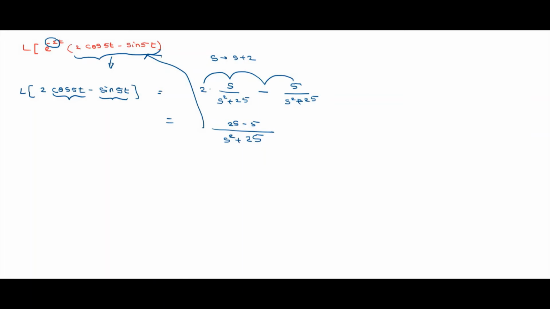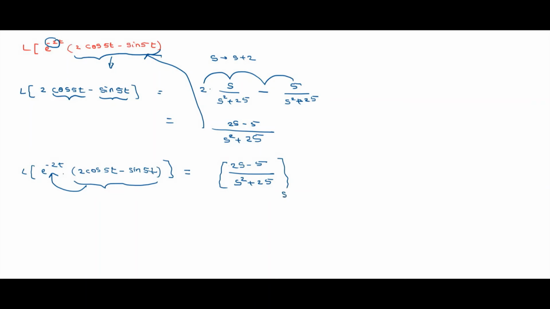This is only the Laplace transform of 2 cos 5t minus sin 5t. If it is multiplied with e raised to minus 2t, then the Laplace transform of e raised to minus 2t into bracket 2 cos 5t minus sin 5t is equal to 2s minus 5 divided by s square plus 25, and when it is multiplied with e raised to minus 2t, minus 2 means you can write plus 2.